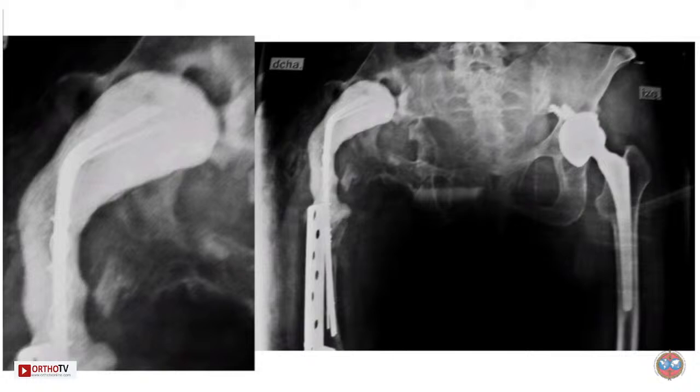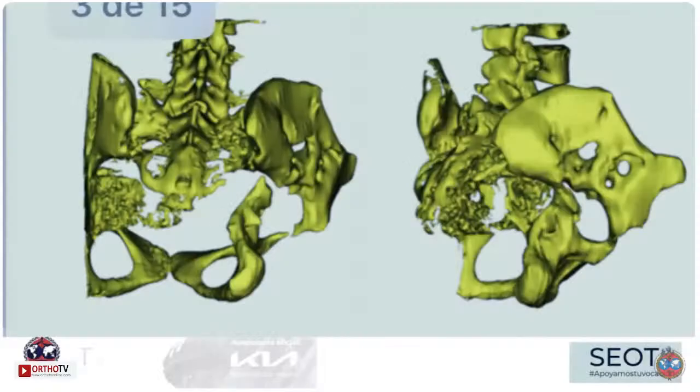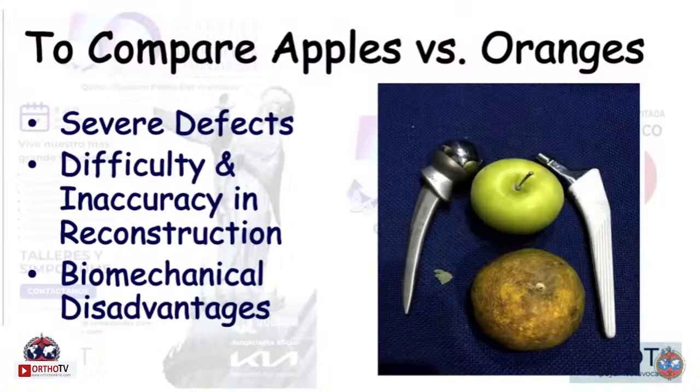If you have infection, you have to remove more bone and you probably destroy the whole acetabulum. And in these cases, 3A, 3B, and pelvic discontinuities, it's difficult and inaccurate to plan the reconstruction because sometimes you destroy more when you get to the OR. It's like comparing apples versus oranges.